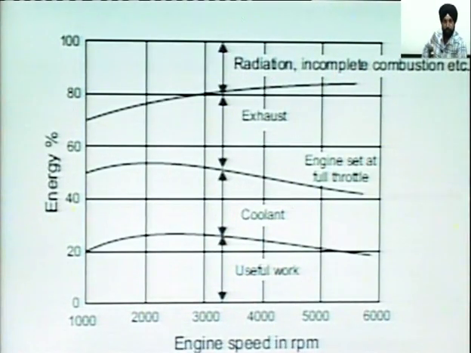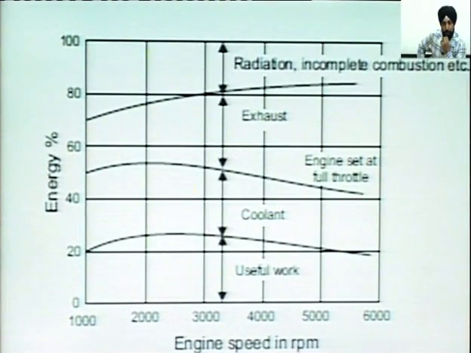As we can observe from the graph, on one side the percentage of energy has been shown, that is, what amount of energy is converted into useful work, what amount of energy is carried away by the cooling water, what amount of supplied energy is taken away by the exhaust gases, and what amount of energy supplied is lost in the form of radiation losses and incomplete combustion. You can observe the speed of the engine along the abscissa.